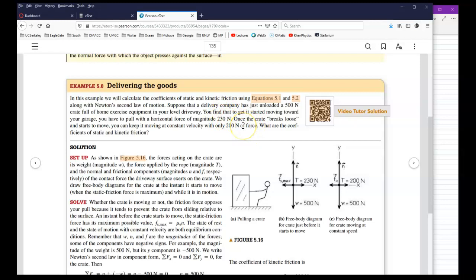Because when an object is moving and sliding, the coefficient of friction drops down. The amount of friction drops, the roughness of the surface between them, the rubbing, drops down. That's basically the meaning of it. So now he's asking, what are the coefficients of static and kinetic friction? Cool problem. All right, how do we do it?